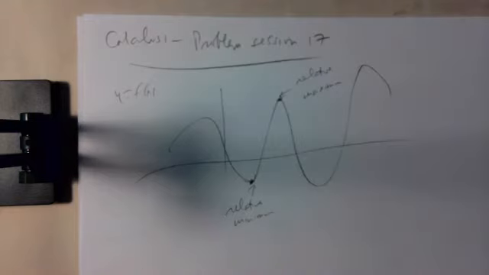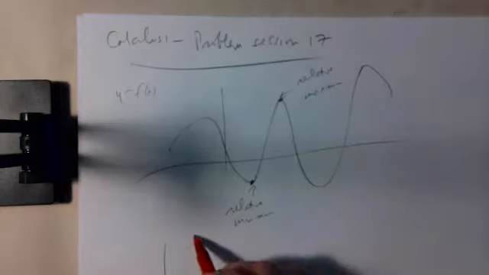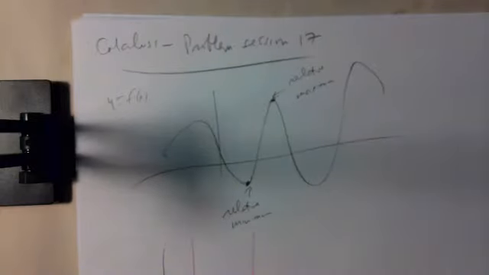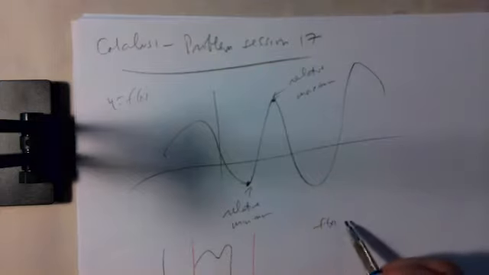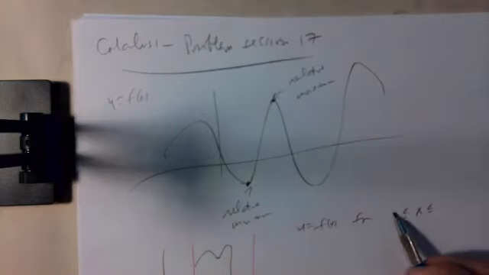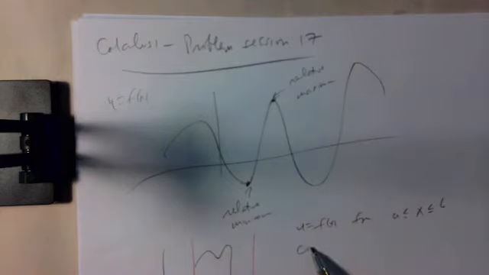On the other hand, if you have a finite interval, say this is x equal a, x equal b, and you have a continuous function f of x on this closed interval.